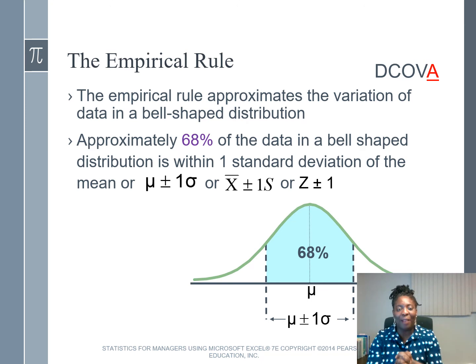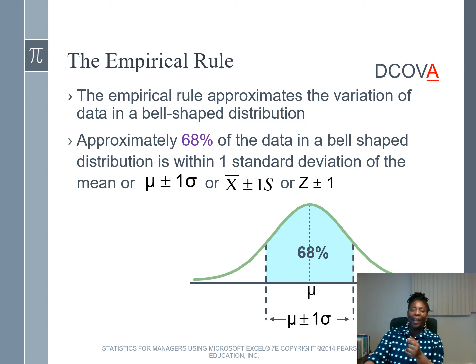Now we get to the empirical rule. The empirical rule is a rule about population of data. It came about from different experiments. Scientists have gathered data from large populations, and normally or on average, the data that is collected from any population at all is symmetrical.